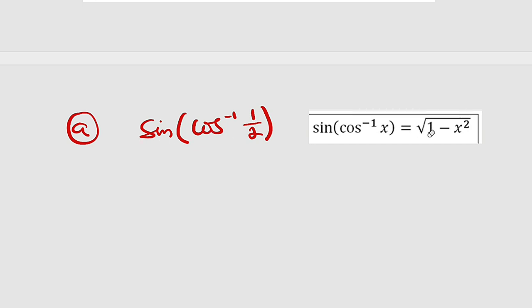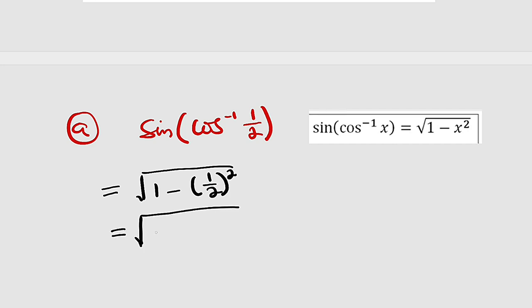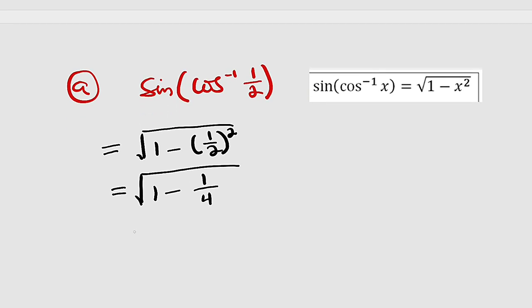Well, let's see whether it is going to give us root 3 divided by 2 once we apply the formula. You should know that x here stands for 1 over 2, so wherever we have x, we replace it with 1 over 2. This is equal to the square root of 1 minus x squared, which is 1 over 2 squared. This is the square root of 1 minus 1 over 4, which is 3 divided by 4.